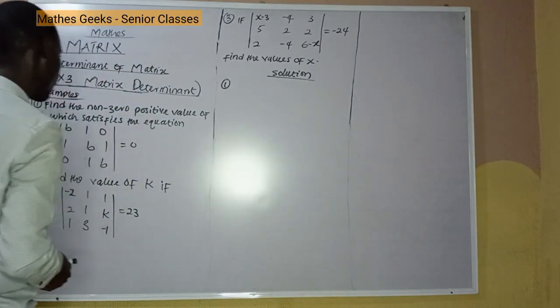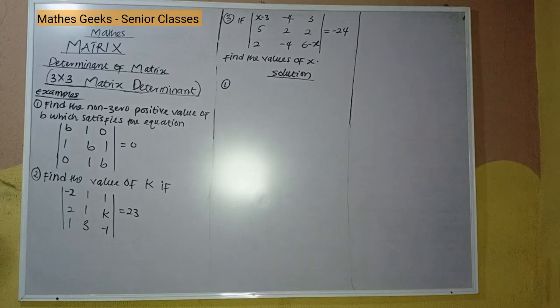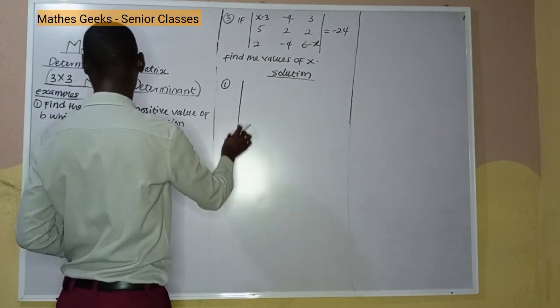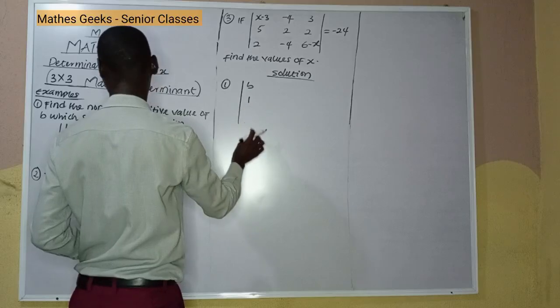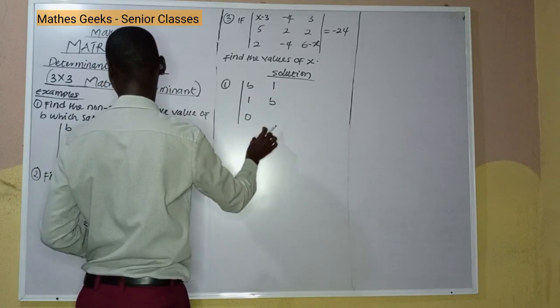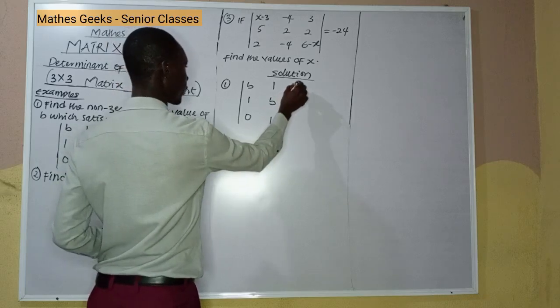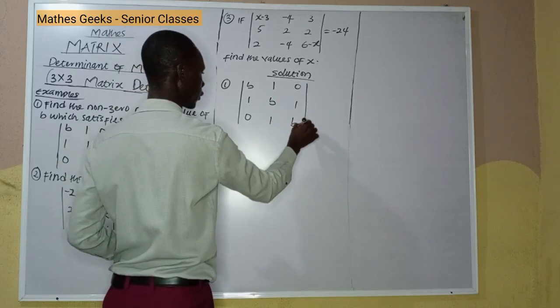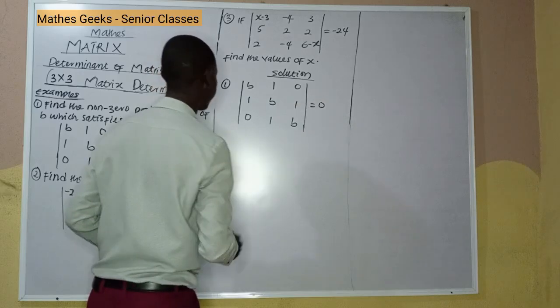Find the non-zero positive value of b, which satisfies the equation: the determinant with rows b, 1, 0; 1, b, 1; 0, 1, b equals 0.